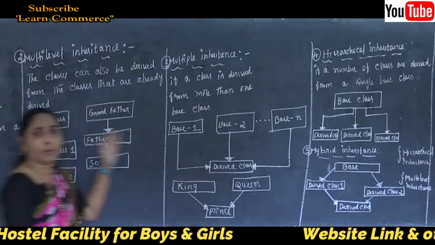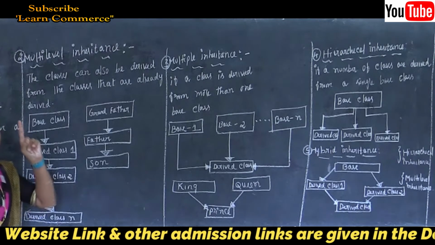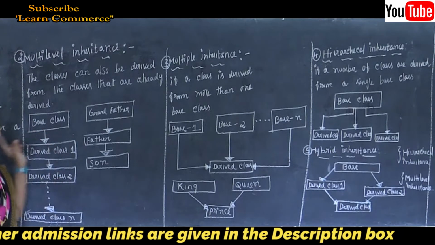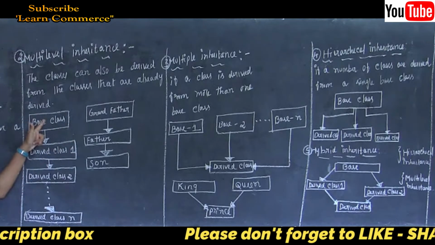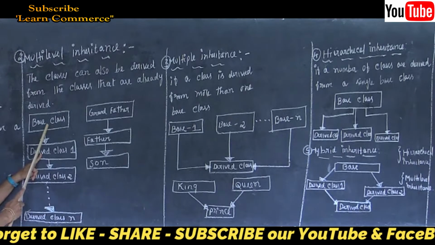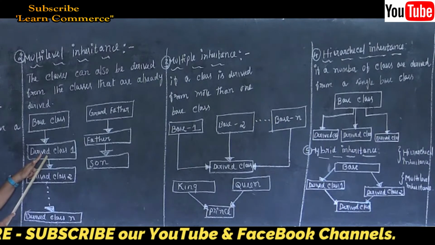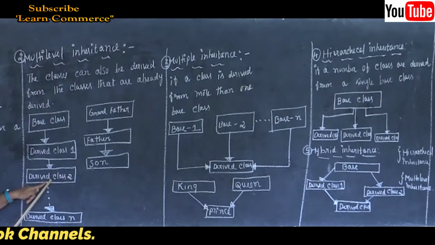In our previous example, by using a base class we constructed one derived class, but in our second example, first of all the base class is there, and by using the base class we constructed derived class 1, and by using the derived class again some other derived classes we constructed.